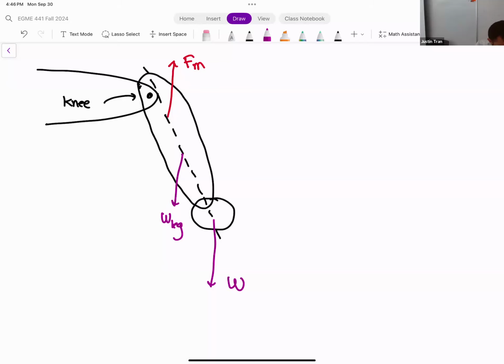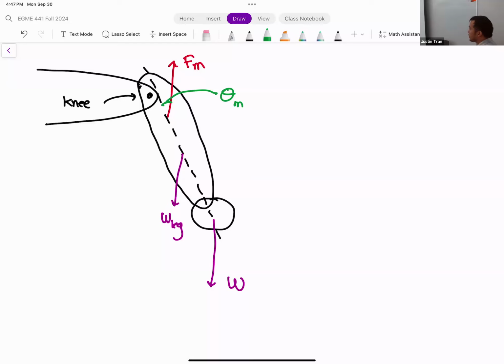Okay, so now we need physical dimensions here. Okay, so the first angle that I'm going to give you here is the attachment angle for the muscle. Okay, so this will be theta m. Okay.